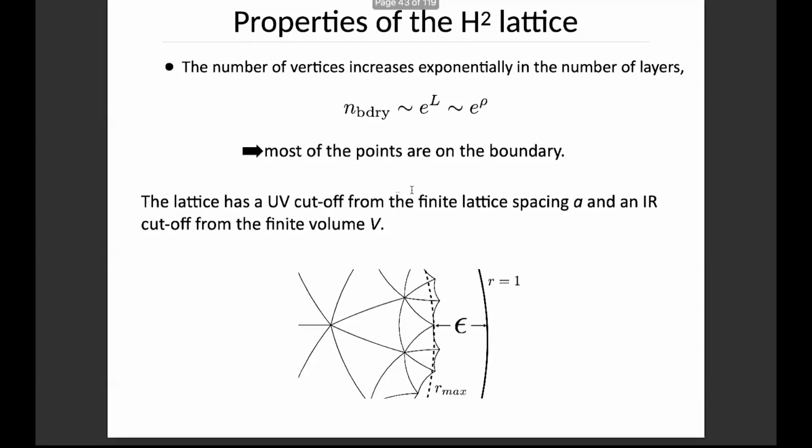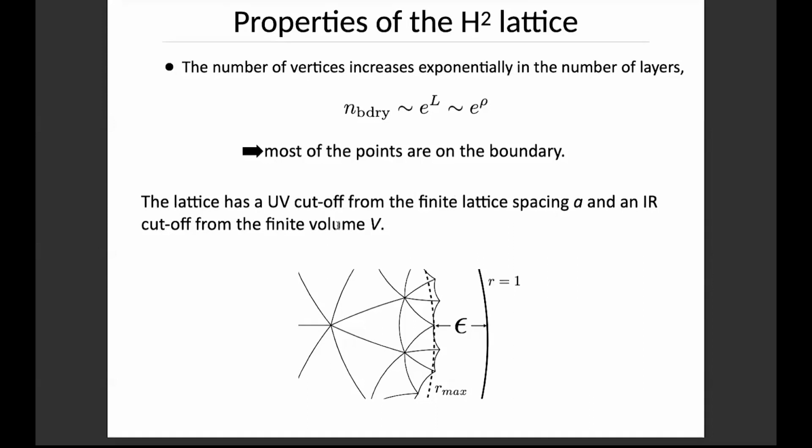For our lattice here, whenever we introduce finite spacing, we have some UV and IR effects that we need to take care of. The UV cutoff in this case is from the finite lattice spacing, a, which is just the length of the equilateral triangles, the distance between the points.